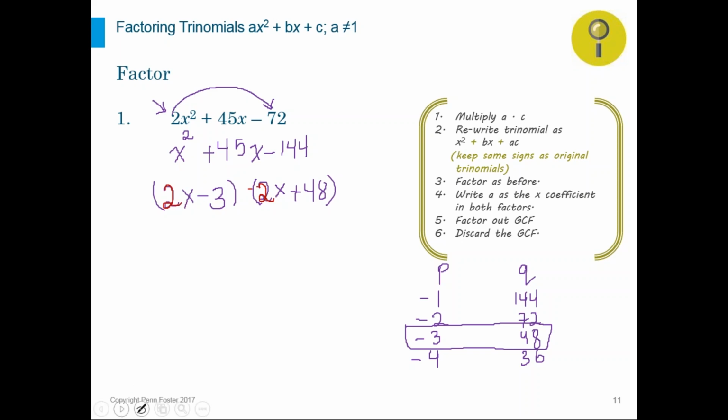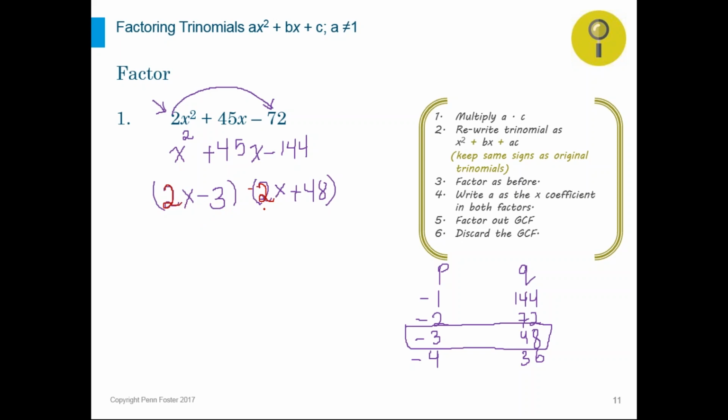Next, the next step is I'm going to look at factoring out a greatest common factor. If you're not able to remember how to do that, please refer to the first webinar for this unit. We went in details on how to factor out the greatest common factor from a binomial.